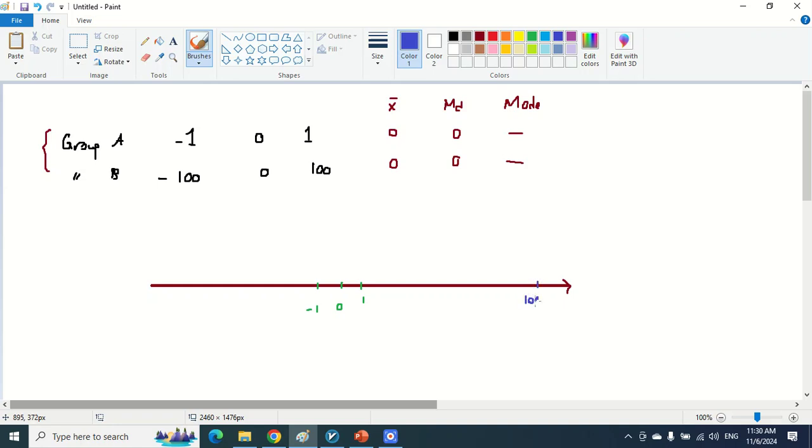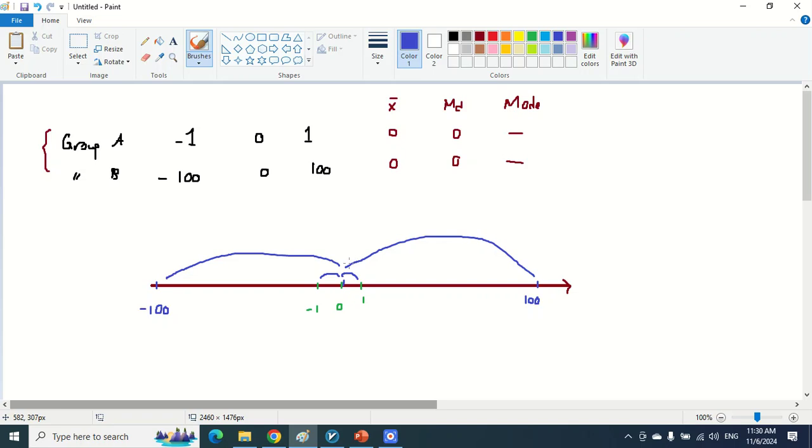For the second one, you can see that the data are totally split from the center. For the first one the differences between them are too small, but for the second one the data are too far away from each other.